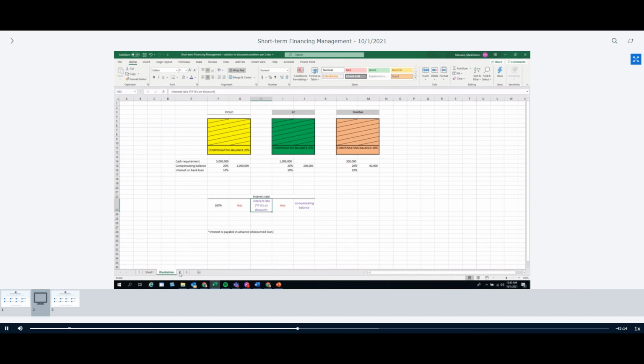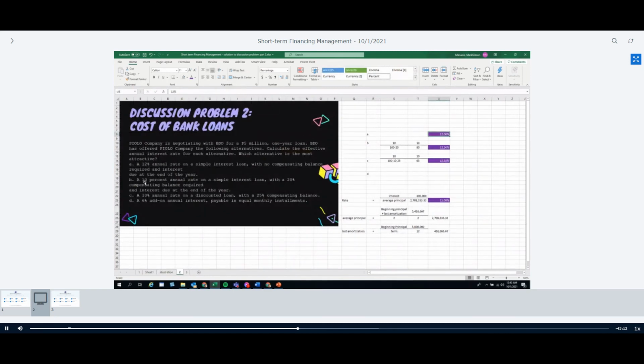Basahin ulit natin yung letter B. A 10% annual rate on simple interest loan with a 20% compensating balance required and interest due at the end of the year. So meaning, this is not a discounted loan. So therefore, what we need to deduct from our denominator is only the compensating balance.